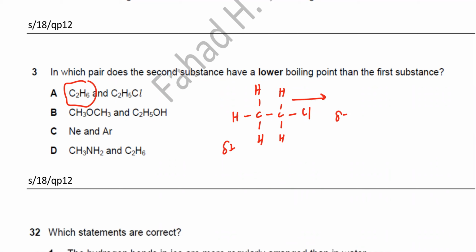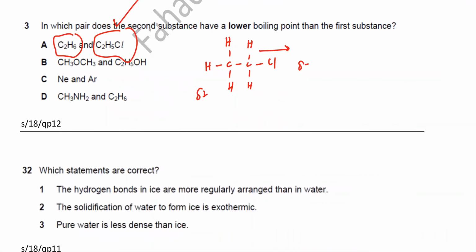Is this idea clear? So the permanent dipole is going to be stronger. And similarly in the second one, you've got OH over here. Remember I told you that when you have OH, that's hydrogen bonding. Hydrogen bonding is really strong. Is this clear as well?